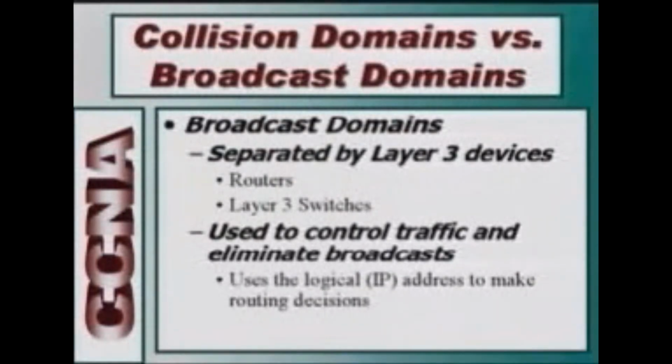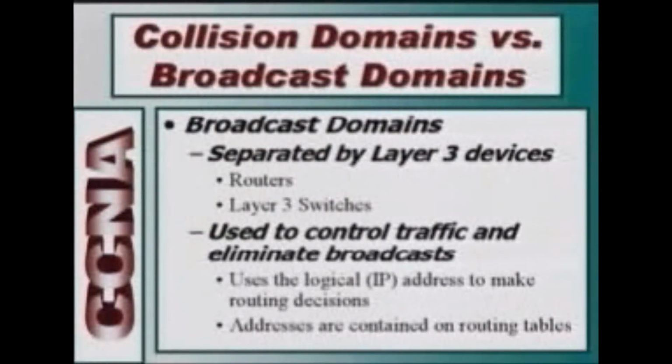As I said, we can then take each one of those subnets and divide the traffic within them. We can segment the traffic within our smaller subnets. So we can begin to use a layer 3 device to set up not just broadcast domains, but also collision domains. And the layer 3 device will use logical IP addressing, not just physical addressing. So those are the two ways that we can separate network traffic.